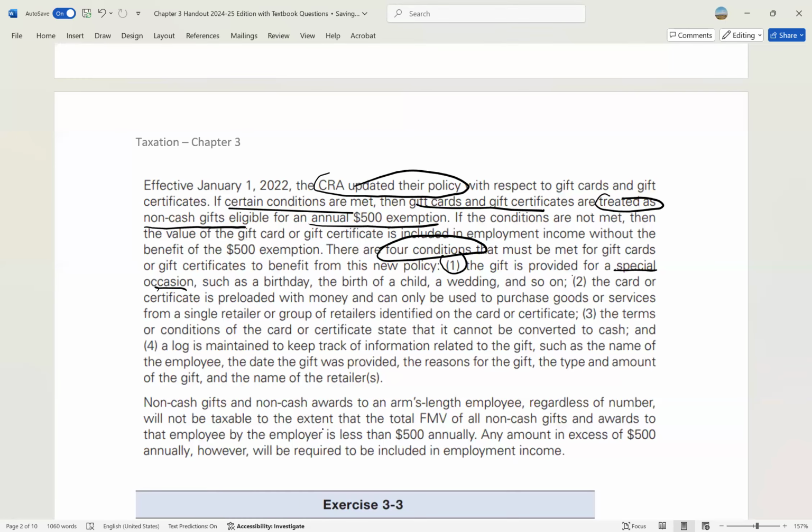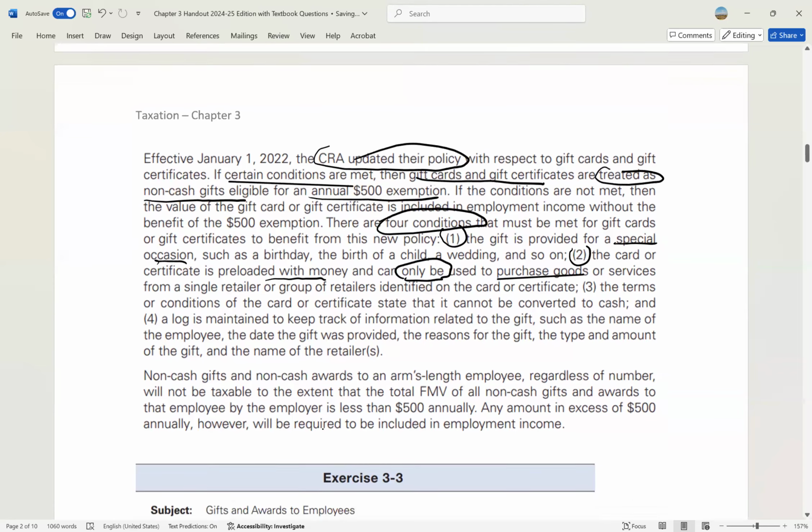The second condition, the card is preloaded with money, so a $50 gift card, and can only be used to buy goods and services. You cannot redeem it for cash, so it must be used to buy goods and services from that retail store. The third condition, it cannot be converted to cash.